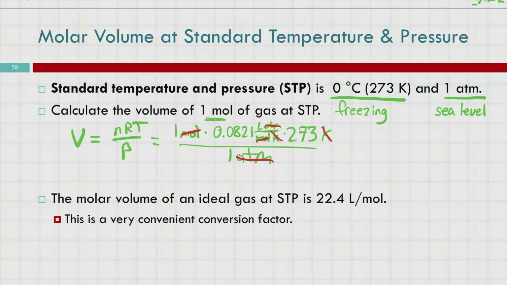And the one on top and the one on bottom, we can just ignore those. So 273 times 0.0821 will come out to right about 22.4 liters.